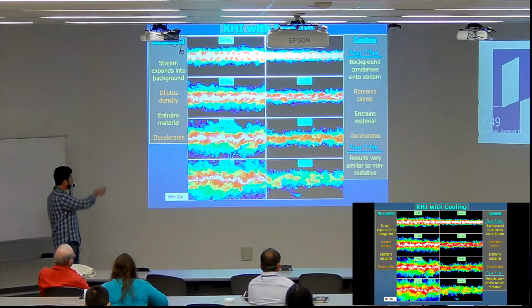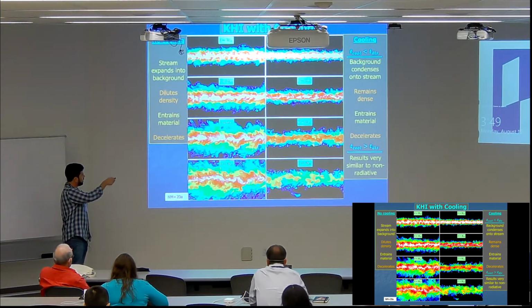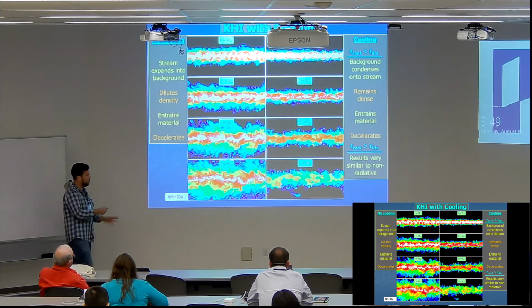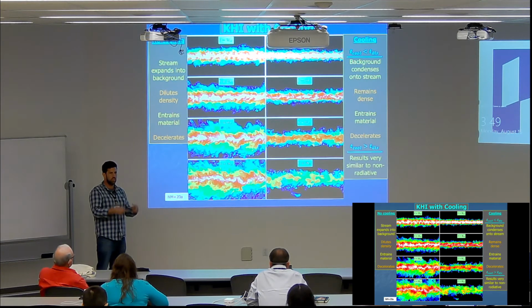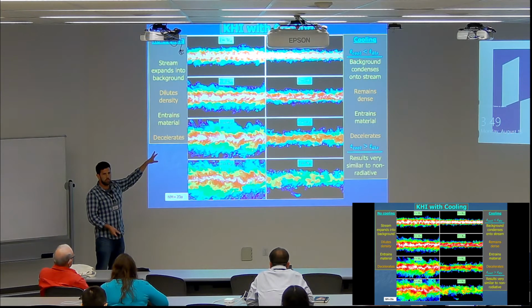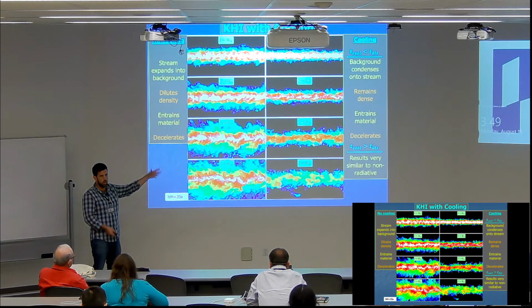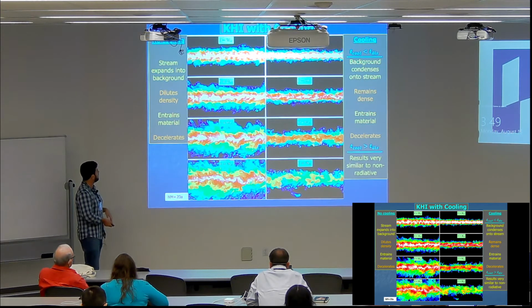So these are simulations without cooling and with cooling, but otherwise the same. The color here is just a passive scalar that traces the mixing of the stream. In the background, the white colors represent pure stream fluid, the black colors represent pure CGM fluid, and everything in between is in between.